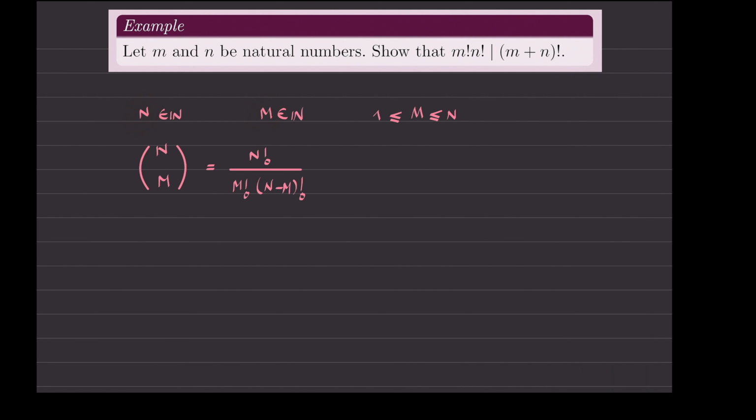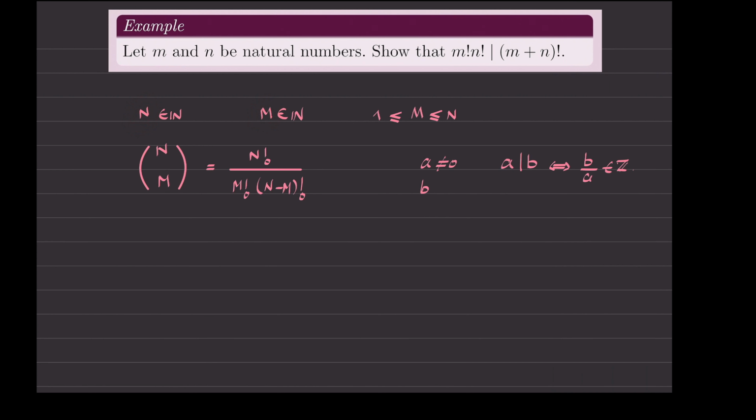Now we just learned, do you remember, that if a is not 0, of course, and both of them are integers, instead of showing that a divides b, equivalently we can show that b over a is an integer.